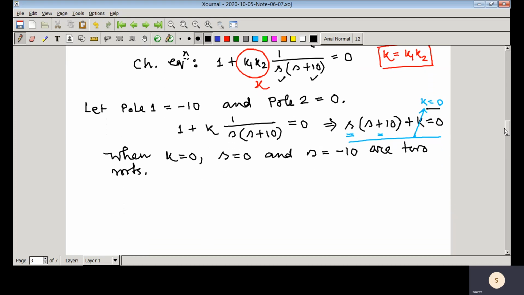And then our objective is, whenever this k varies, and here we consider that k is positive, say k starts from 0 to infinity, what would be the variation of the closed loop poles? And its graphical representation is called root locus.